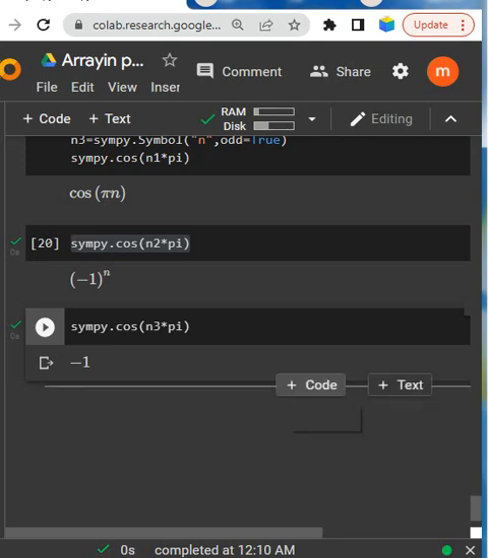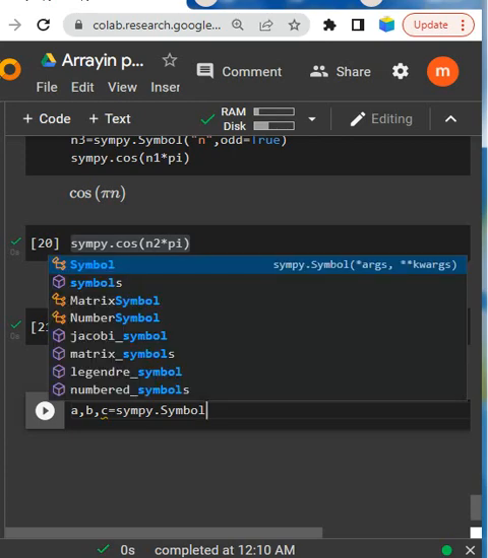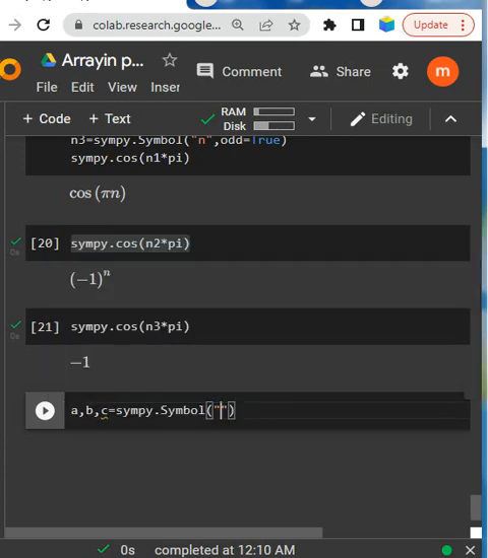Unpacking means we can take more variables: a comma b comma c, and all 3 variables will equal to sympy.symbols, and I am taking a comma b comma c, and comma negative will equal to 2.